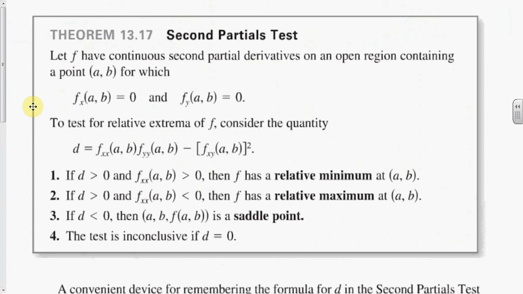Right? Now, what does that saddle mean? That saddle is confusing, because when you look at that saddle, you have a minimum and a maximum together.